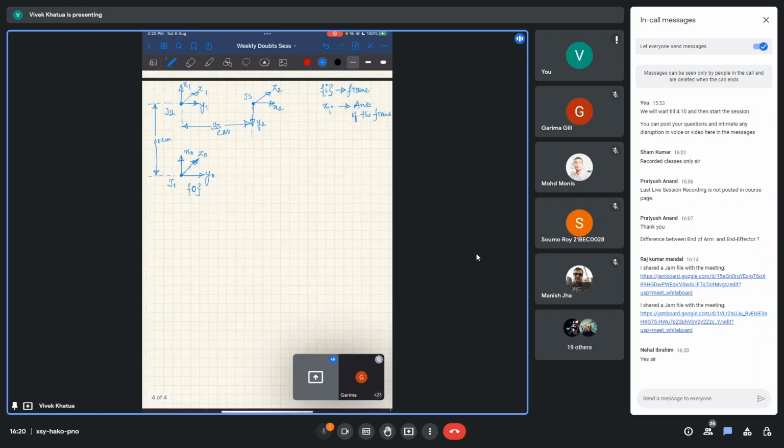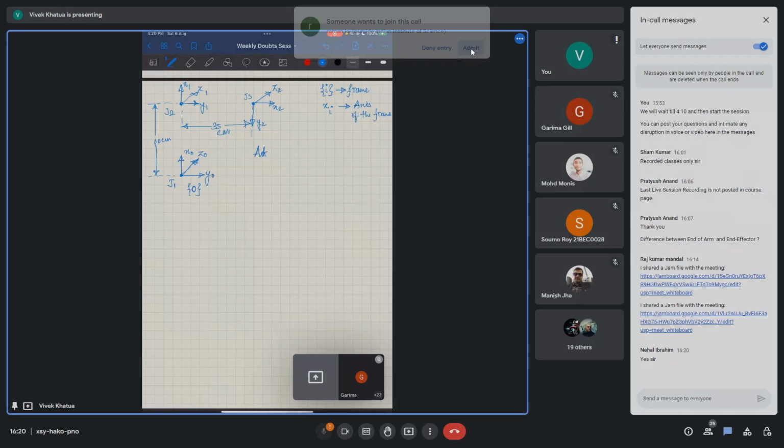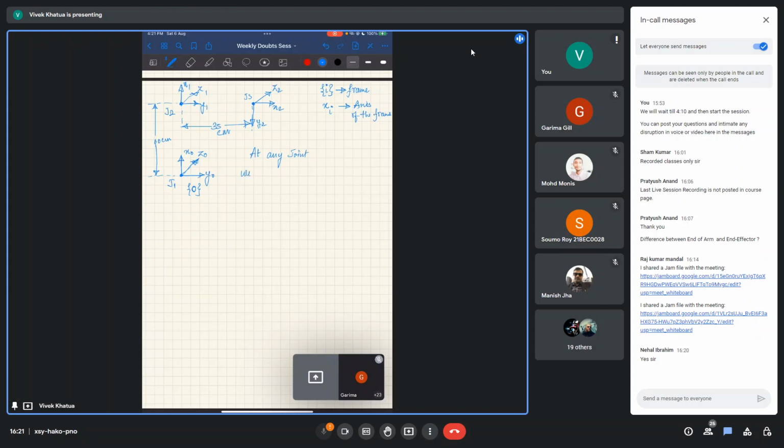So in DH parameters, at any joint, we have four parameters. The first parameter is joint rotation.